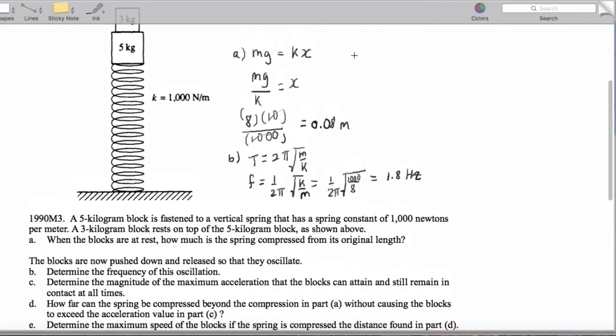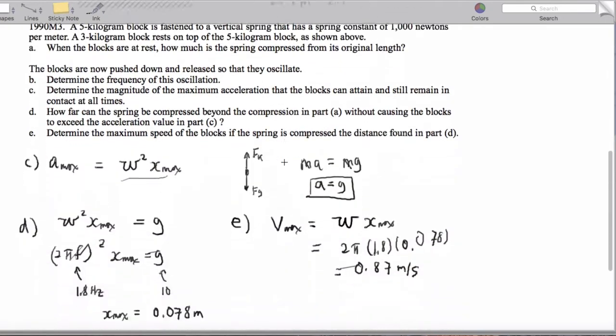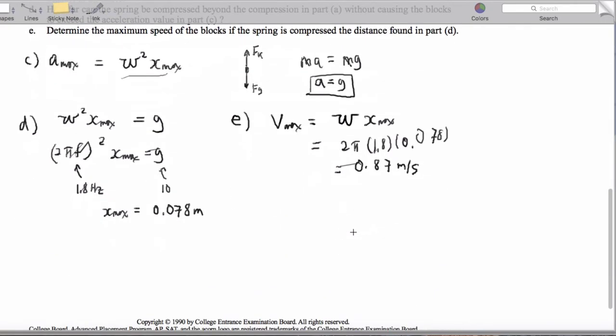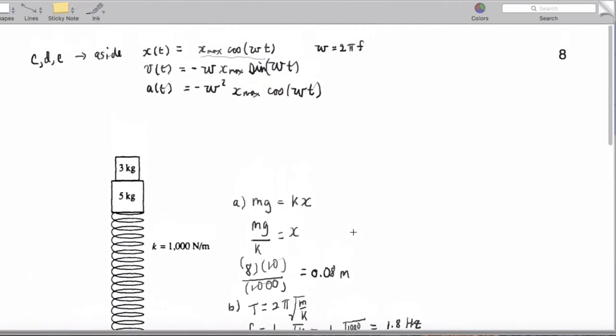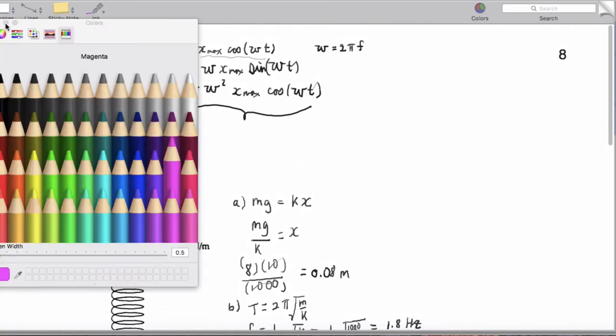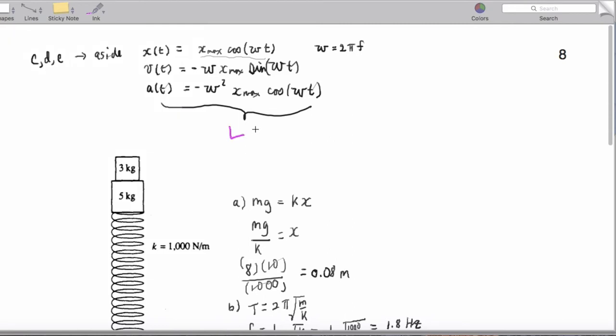I hope that we can at least get A and B. C, D, and E are going to require a little bit of review. So one thing I want to say is the preview for when we come back from break is we're going to be looking at the physics of LC circuits, and we'll be reviewing simple harmonic oscillators as a result.